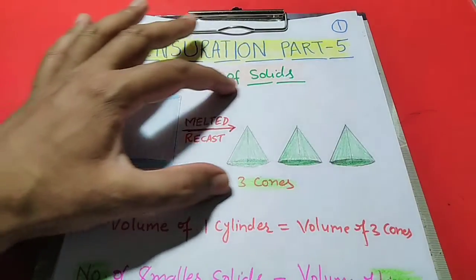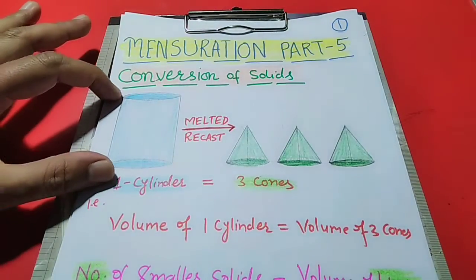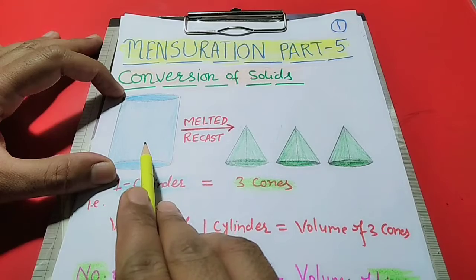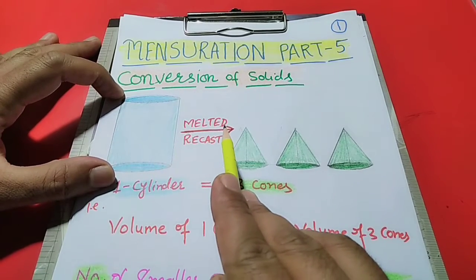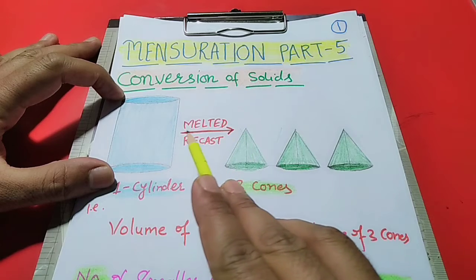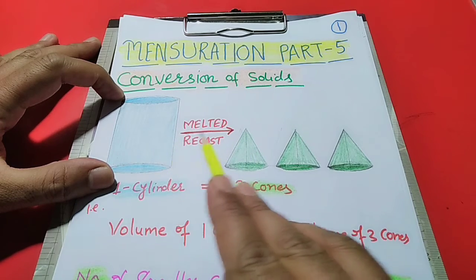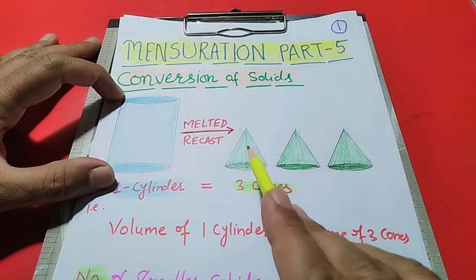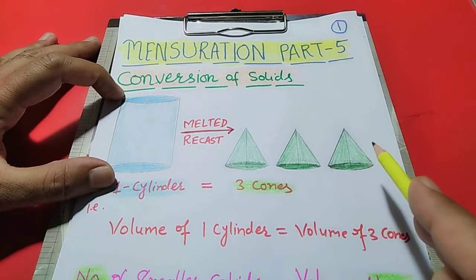So I have shown this thing here. This was the cylinder I had previously, and I melted it, and whenever I have a molten material, I recast that material into three equal cones.